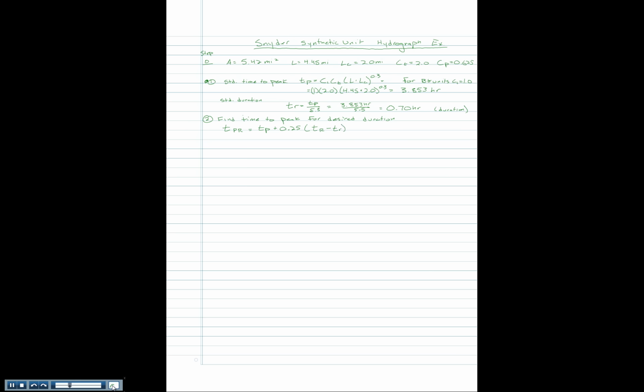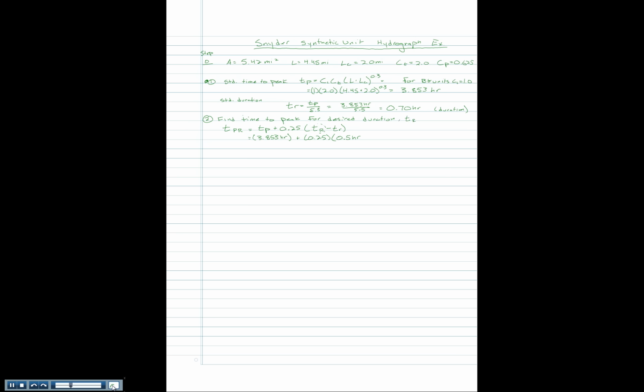Okay, we've already calculated 3.853 hours for T sub P plus 0.25 times 0.5 hours. So this T capital R is the desired duration.